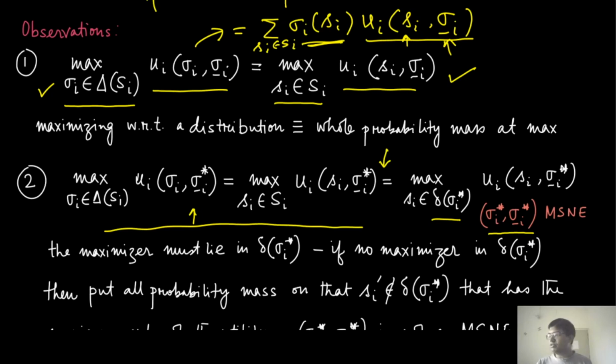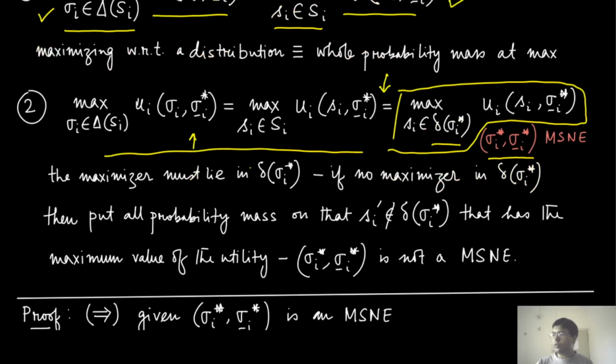If the maximizer lives outside the support, then we can put the whole amount of mass on that strategy. Suppose we have an s_i prime where u_i of s_i prime, sigma minus i star is the maxima, and s_i prime is not in the support of sigma i star. In that case, you can put all the mass on that s_i prime.